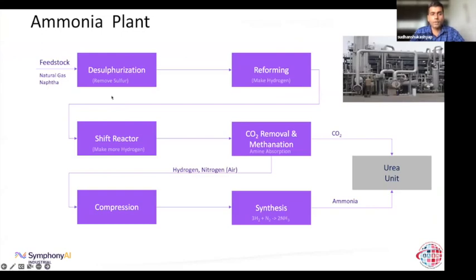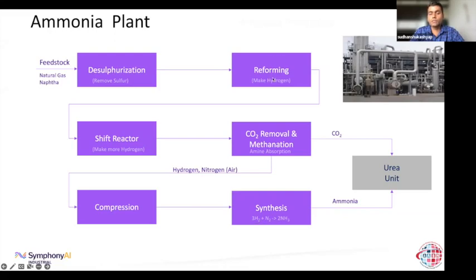As all of you know, an ammonia plant takes natural gas and naphtha as feedstock, and that goes through desulfurization, and then into the reforming process where you make hydrogen, which is a key ingredient for the synthesis of ammonia.